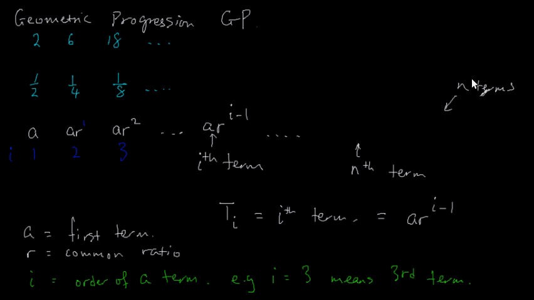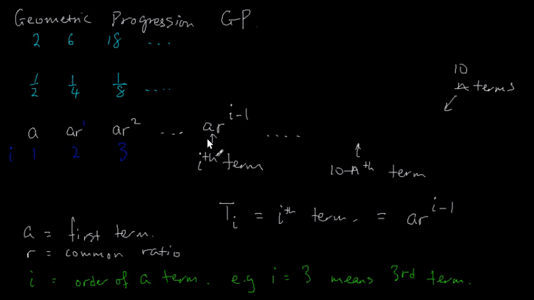Now n is just a number. For example, n can be 10. In fact, it might be easier if I put in an actual number for the n. So let's say this sequence has 10 terms for a start.